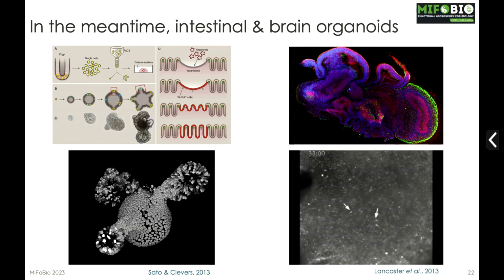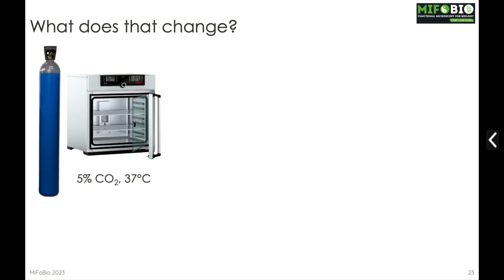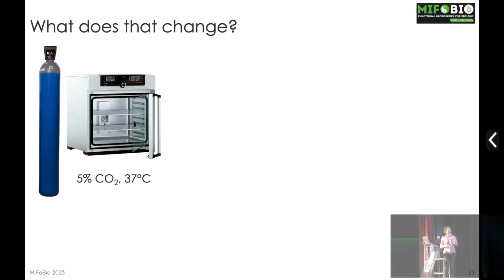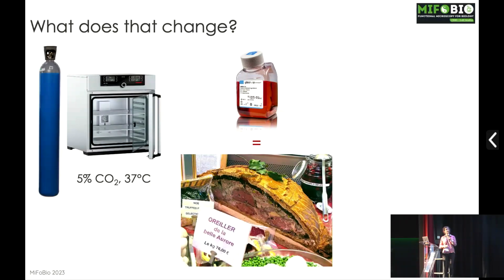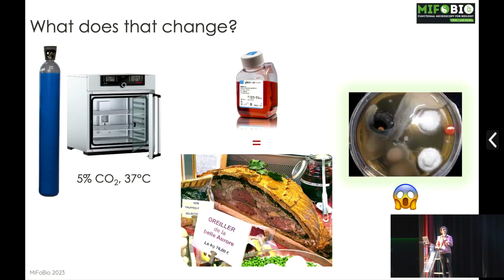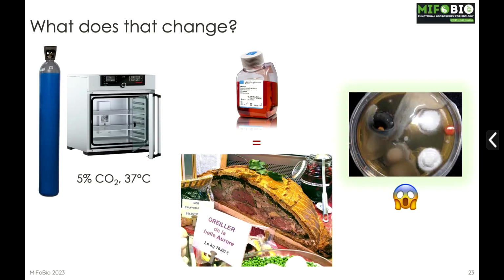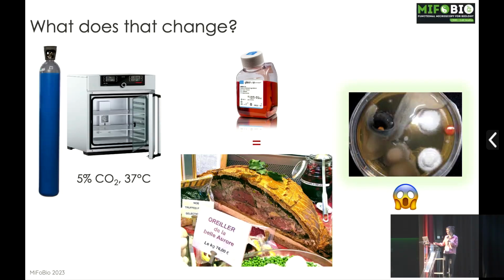But here, these are eukaryotic cells that you usually grow in 2D, and they require an incubator with 5% CO2 at 37 degrees. And you have to feed them with DMEM and so on. But for them, it's an orgy, and it's an orgy as well for the bacteria. So really, it makes the experiments much more difficult.